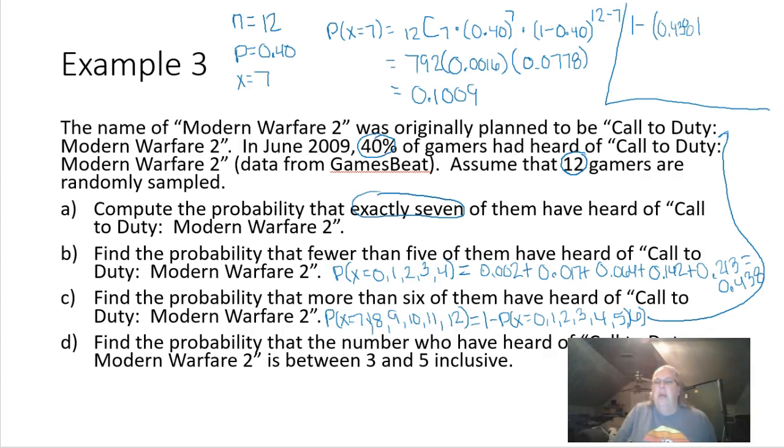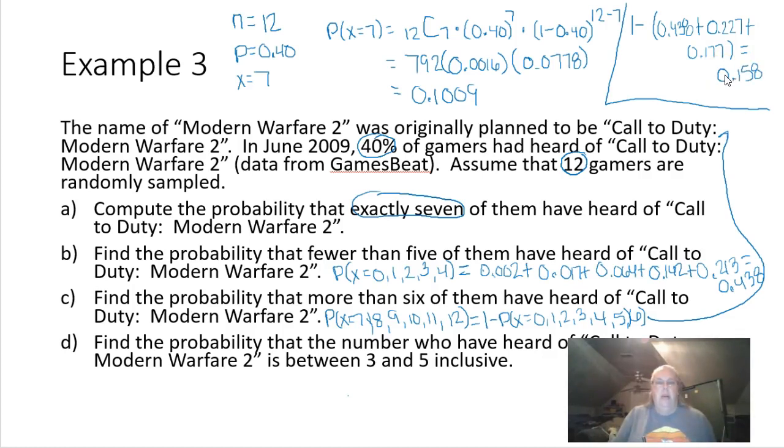Now I'm going to look up the probability that x is equal to 5 and the probability that x is equal to 6 in my chart. The probability of exactly 5 is 0.227 and the probability of exactly 6 is 0.177. So let's put all this in the calculator and see what the probability is going to be. And I'm getting 0.158.